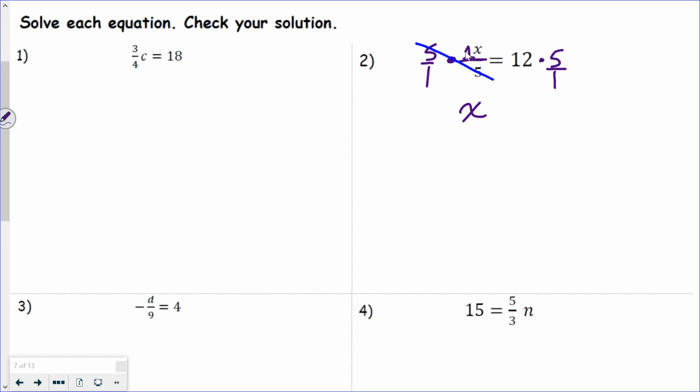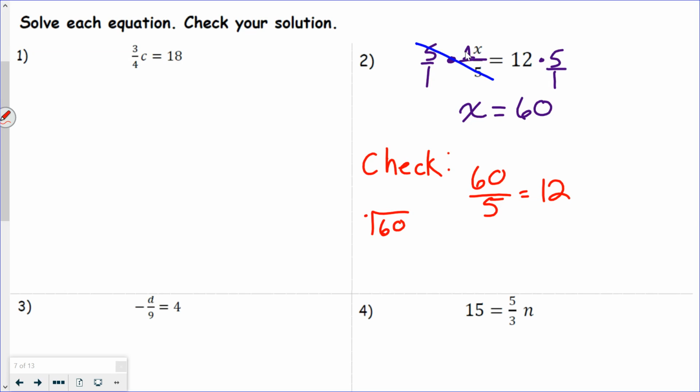Then I just have to take x equals, well, 5 times 12 is 60. And as always, you have to check your work. So I have to take 60 divided by 5. Well, now say I'm not good at my multiplication, but I rock at division.